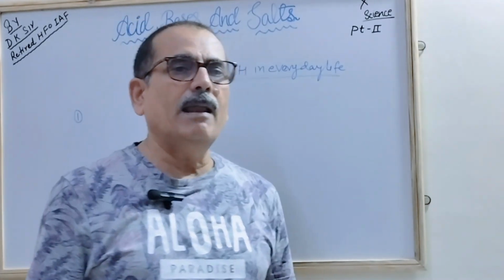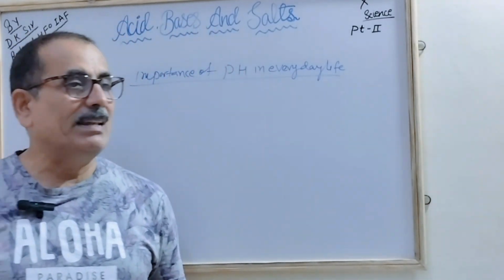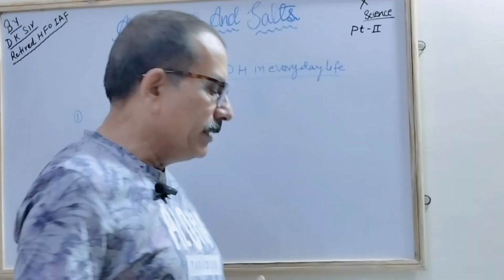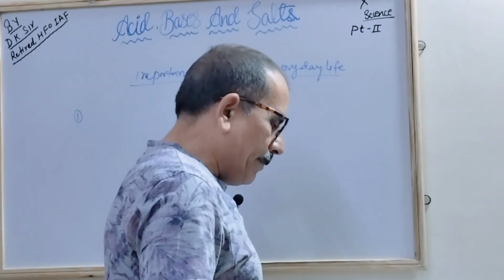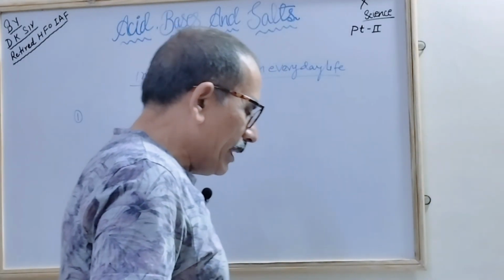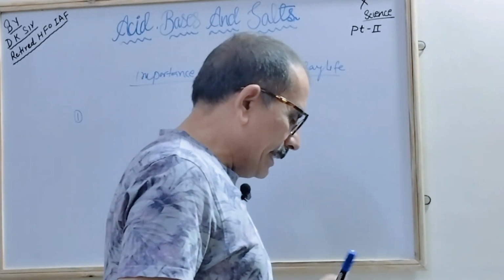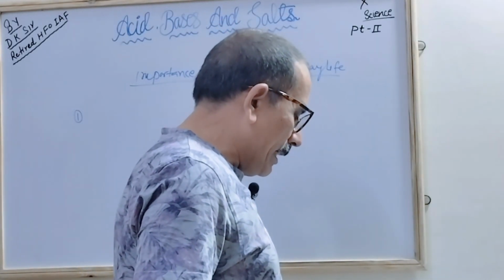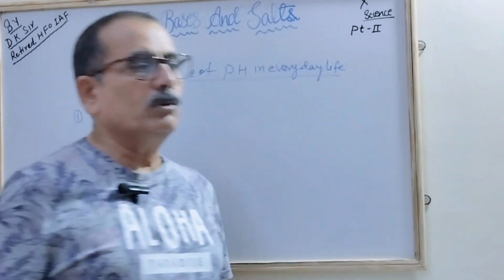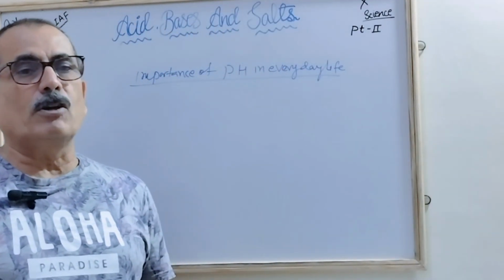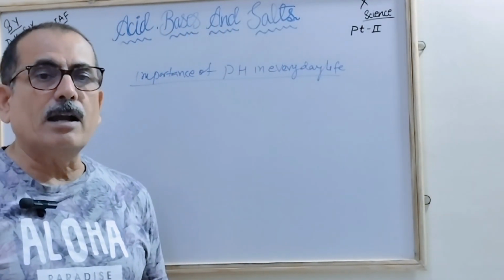If the pH level decreases to less than 5.5, correct? Then what will happen? It becomes acidic. When it becomes acidic, the decay of the tooth enamel begins. Correct? So the tooth enamel, which is the strongest part of the body, will start getting damaged.